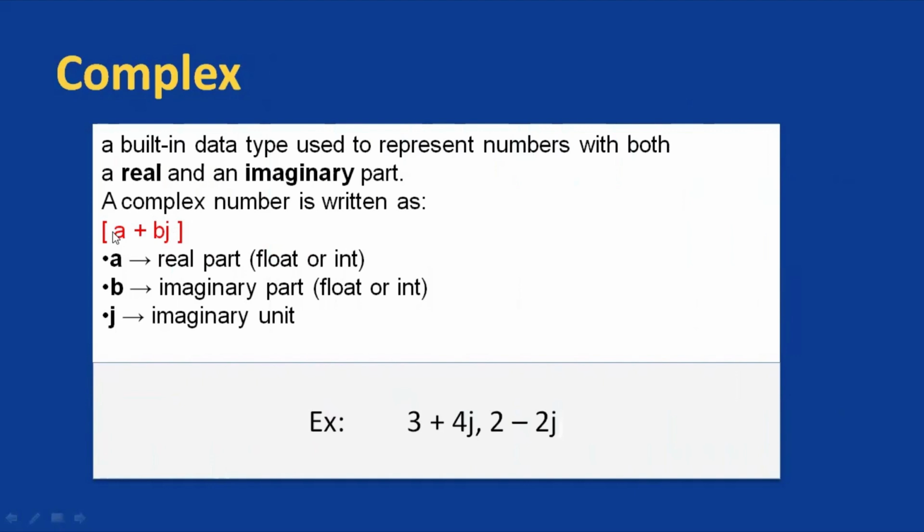Here A is the real part and B is the imaginary part. A and B can store both float and integer values. This type of values, that is 3 plus 4j or 2 minus 2j, can be stored under the complex data type class. I hope it's clear.